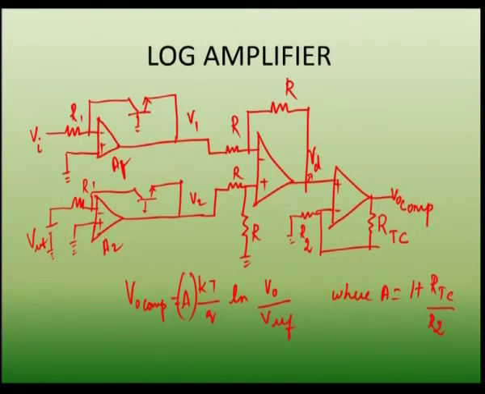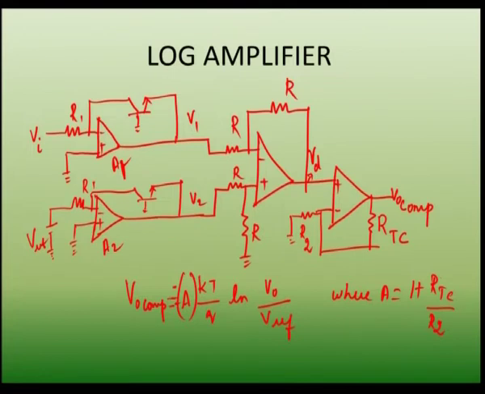This voltage is given to the non-inverting terminal of the op amp, and the compensated output voltage is obtained as the gain of the amplifier times the input voltage. It is derived as the gain A into kT by Q natural logarithm of V naught by V reference, with a negative sign. The gain is 1 plus RTC by R2.